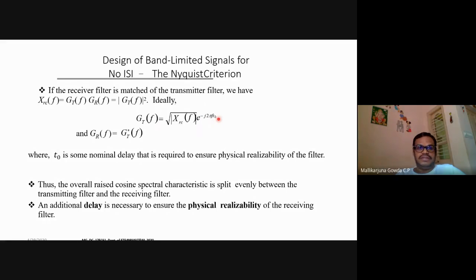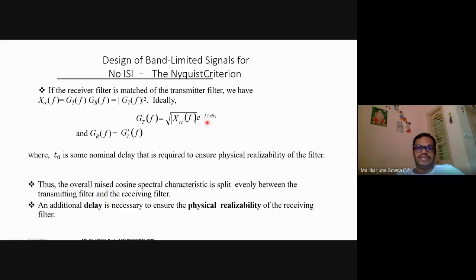Here T naught is the delay required to ensure the physical realizability of the filter. To conclude, the overall raised cosine spectral characteristic is split evenly between the transmitting filter and the receiving filter.